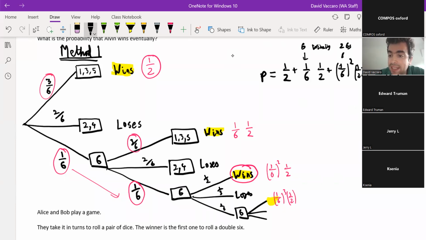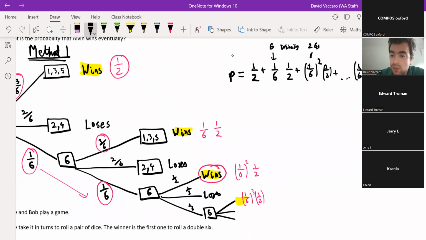I could have n 6s and then winning, and this is summed to infinity. If I take out the factor of 1/2, I get a geometric sequence of a half and then 1 plus 1/6 plus 1/6 squared, and so on.